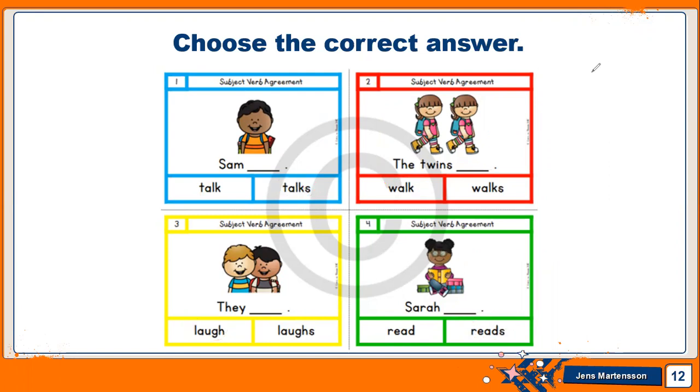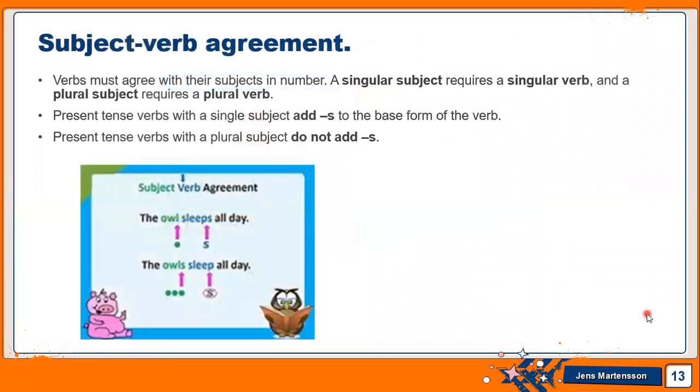Okay, let's find out the rule. The rule says that verbs must agree with their subjects in number. So if the subject is one person, singular, I need to add an S, as you can see here. The owl sleeps all day.